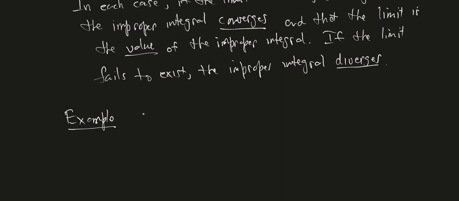All right, so let's say we have something like this, the integral from 1 to infinity, and here is our function, the natural log of x over x squared dx, right? And so we could actually kind of visualize what this means.